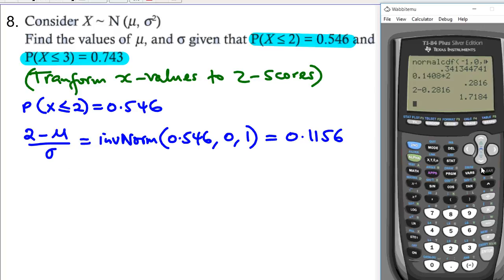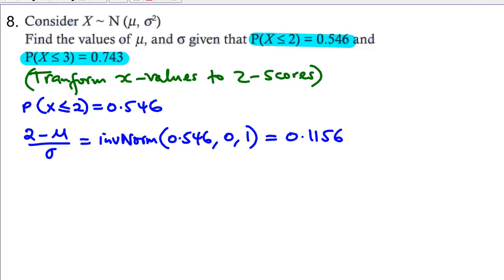If you go second, inverse normal, the area is 0.546. You'll end up with that. All right, 4 decimal places. So we end up with that.